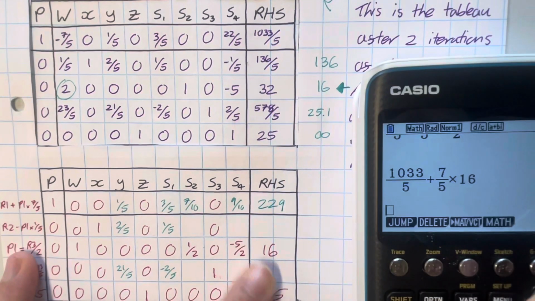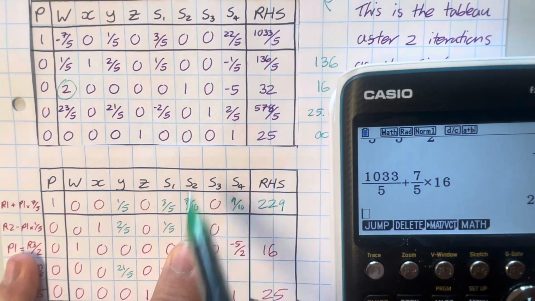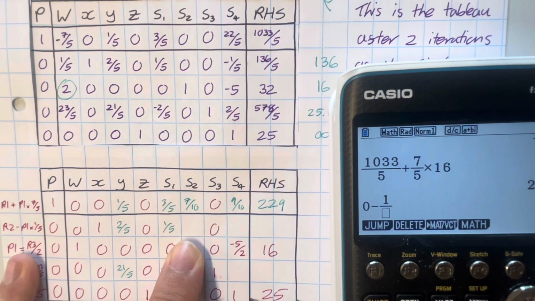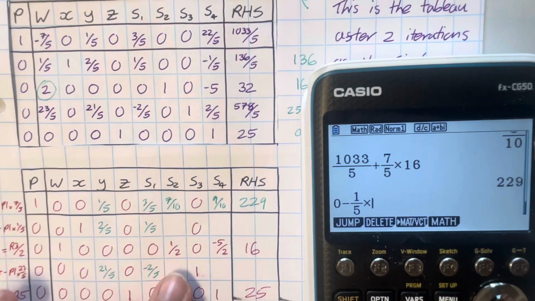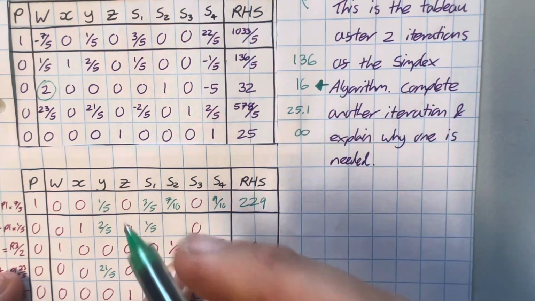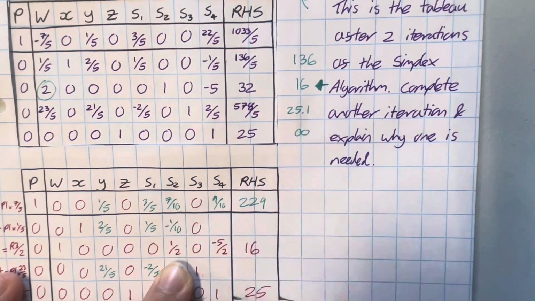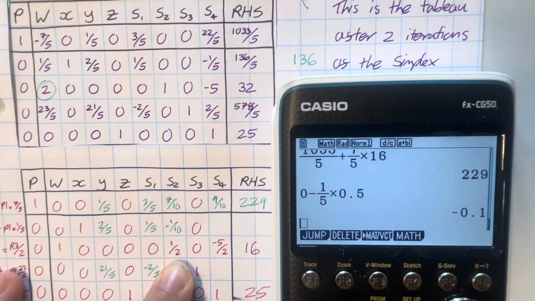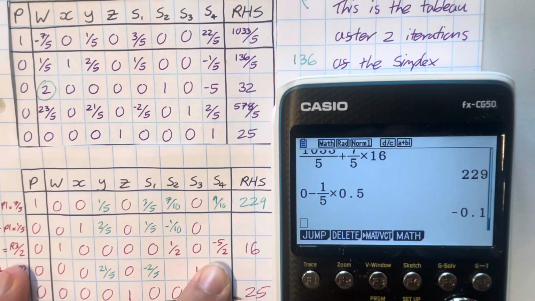Okay, next row, R2, which was a 0, minus 1/5 times the pivot. That pivot value is a half, so that's minus 0.1. Minus 1/10. And then the next one is minus 1/5.